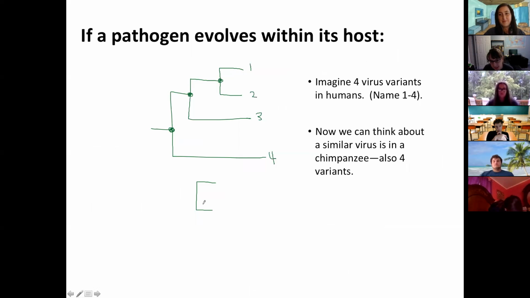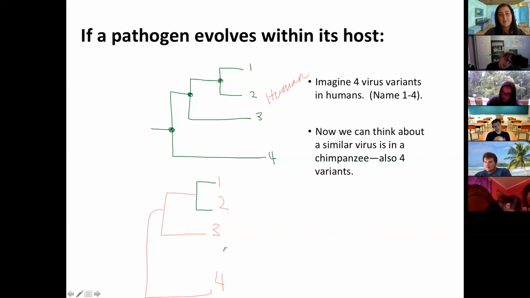What's funny here is that I've got to do this with 3 different types of ways to draw. This is what's fun. Okay, so this is human. And then we're going to do the same thing for chimps, and just imagine that there are 4 chimps as well. Okay, right?